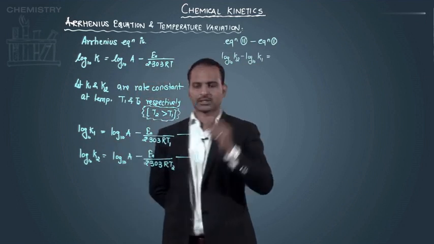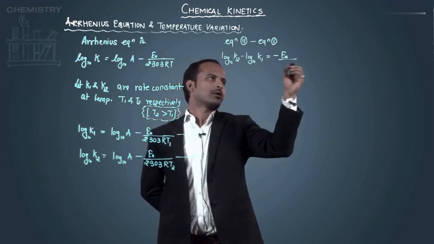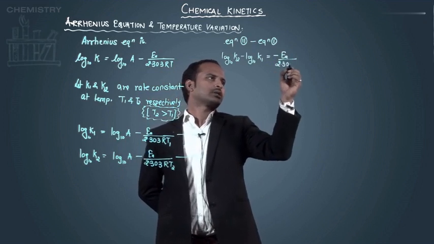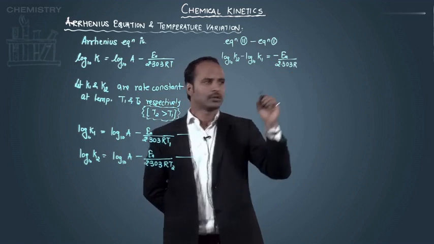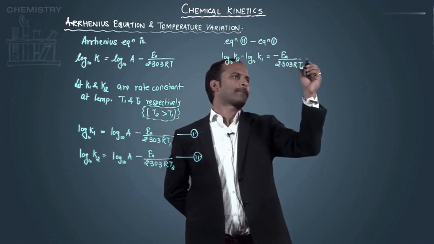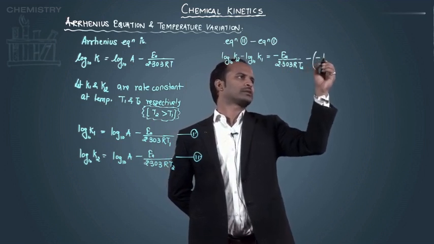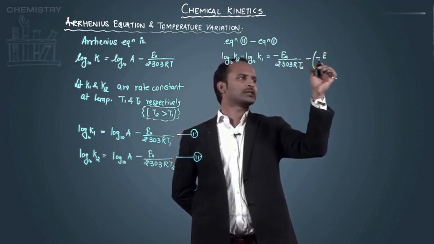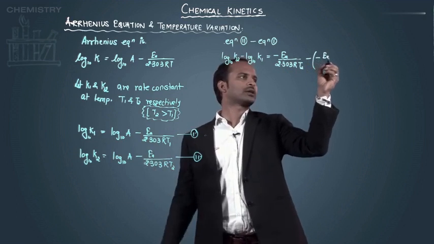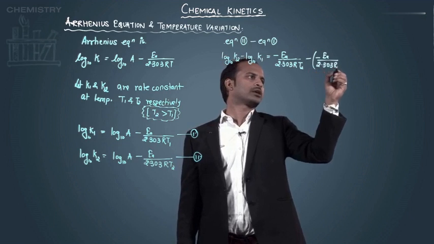We will get this minus this. So minus EA upon 2.303 RT2, minus of minus. We are subtracting, and this term also has a minus sign, so minus EA upon 2.303 RT1.